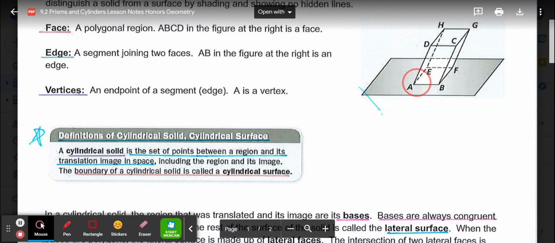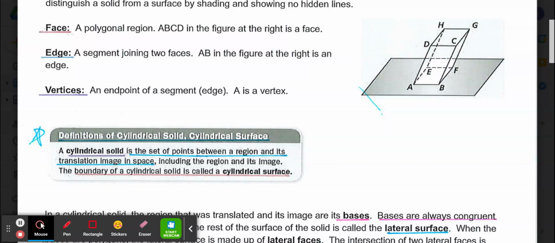So if I took AEFB here and translated it up and to the right to DCGH, then the cylindrical solid would be everything in between those two images: the pre-image down here and the image up there. The boundary of the solid is called the cylindrical surface.